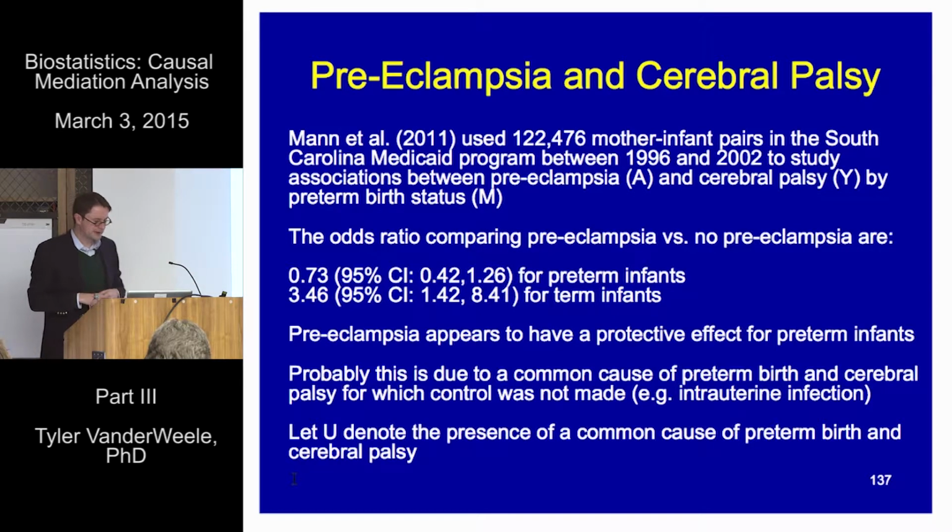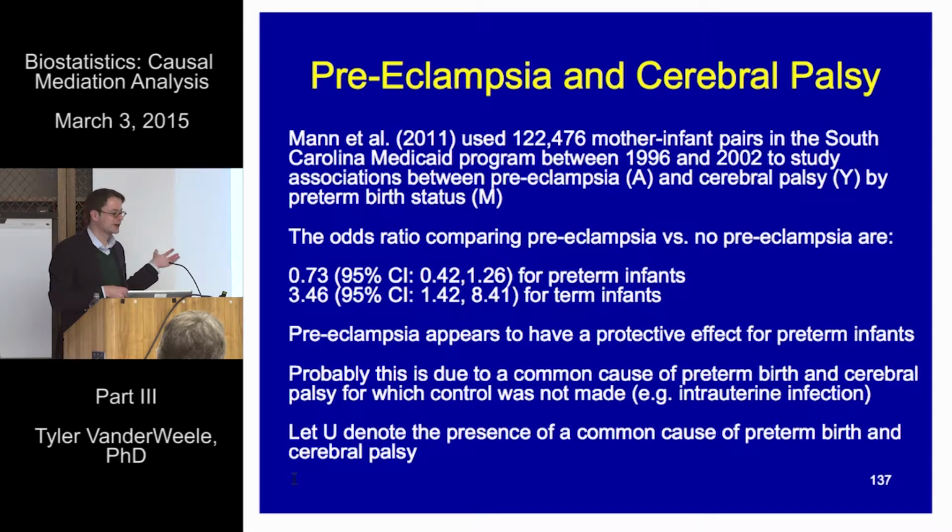And when they did this, the odds ratios comparing preeclampsia versus no preeclampsia were 0.73 for preterm infants. It looked like there was perhaps a protective effect, and 3.4 for term infants.